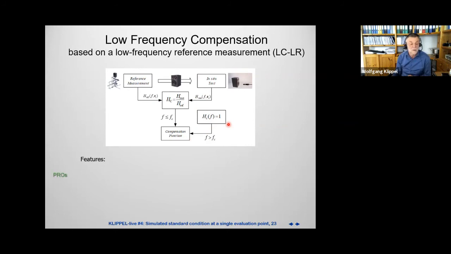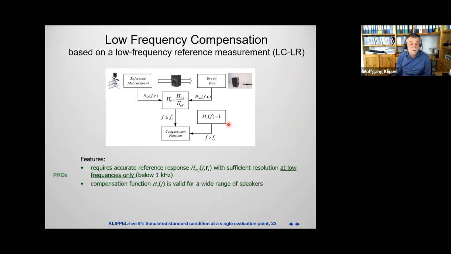So what are the pros? We need only reference data at low frequencies. That's simple. And this compensation function is only valid at lower frequencies, and it's interesting that it works for a wide range of speakers. So it is really a room correction function and not a room speaker compensation function. So it really describes the impact from the room.